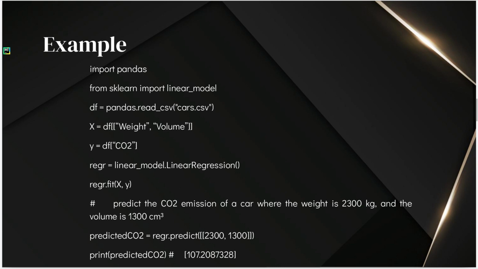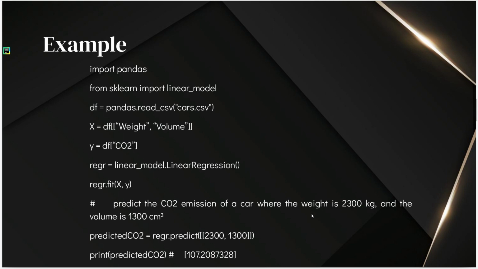Okay, so here is the full code example. I have covered until here, so now let's talk about the last two lines. The predicted CO2 is regr.predict. Predict is another method associated with each regression object. You can call regr.predict and feed it two values inside a list inside another list, so a two-dimensional list: 2300 and 1300.